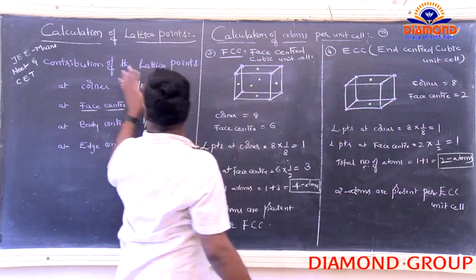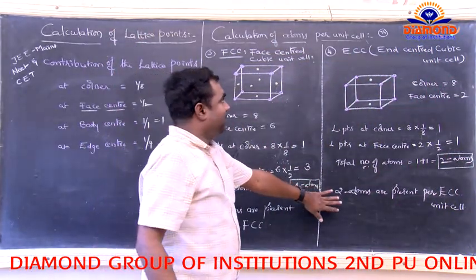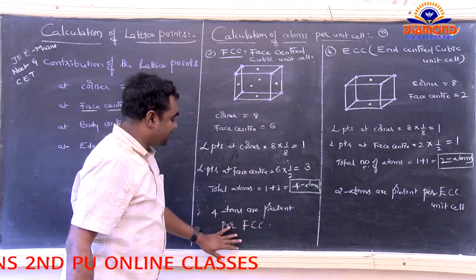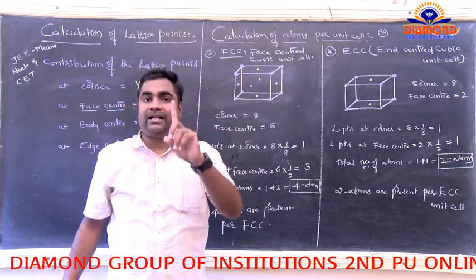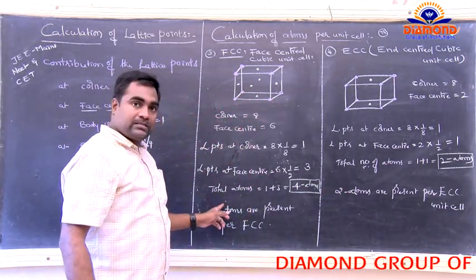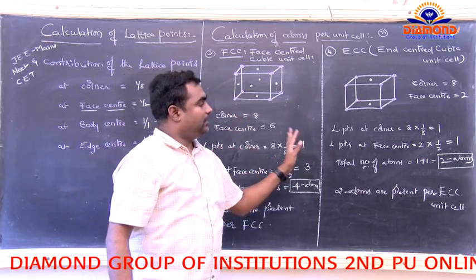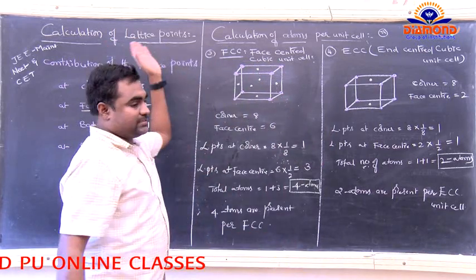Here total 2 lattice points are present, here 4 lattice points are present. In BCC 2 lattice points are present. In simple cube only 1 lattice point is present. That means simply the atoms. So it is the completion of the total topic, the calculation of the lattice points.